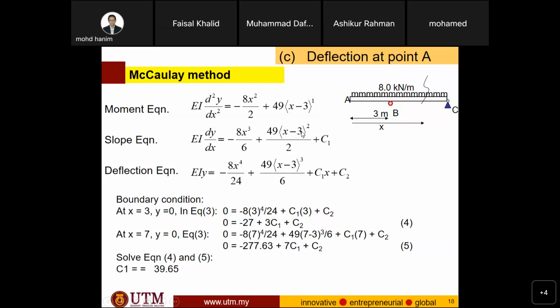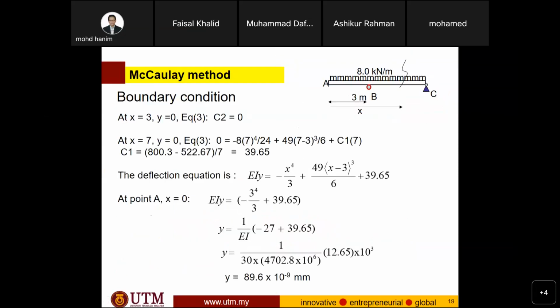X minus 3, don't take this x out of this bracket. Leave it like this, just integrate as one variable. X minus 3 is one variable. This is the Macaulay method.